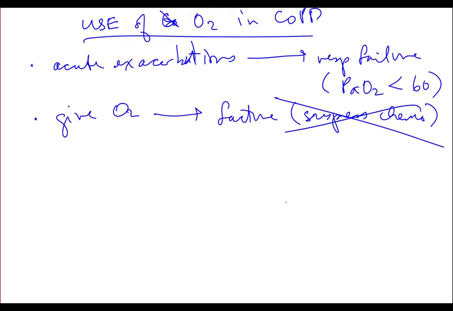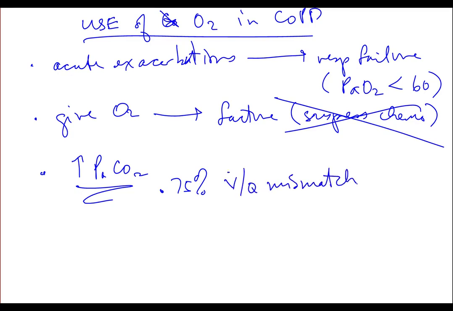When you give the O2, you still will see a little tiny decrease in ventilatory rate, but that restores in minutes. However, if you follow these patients, you will see a rise in their CO2. So the question is, if that rise in the CO2 is not due to hypoventilation, what is it due to? And the answer is about 75% of that rise in the PCO2 is due to VQ mismatching.